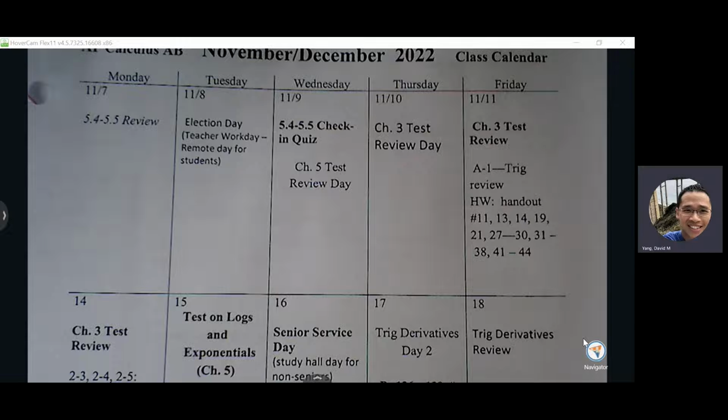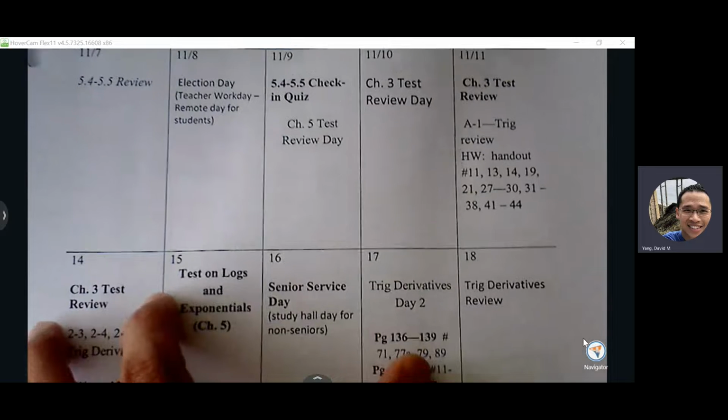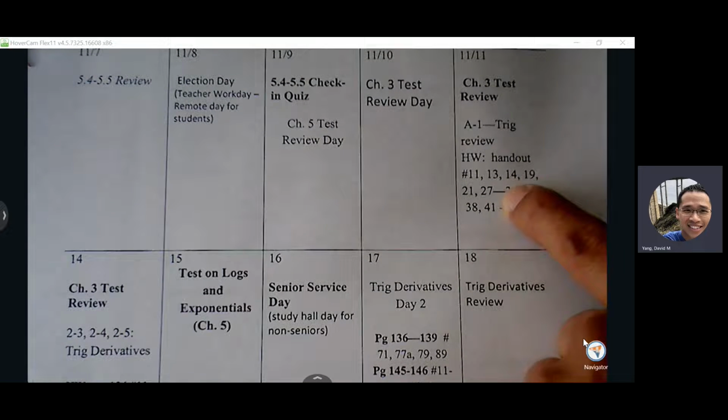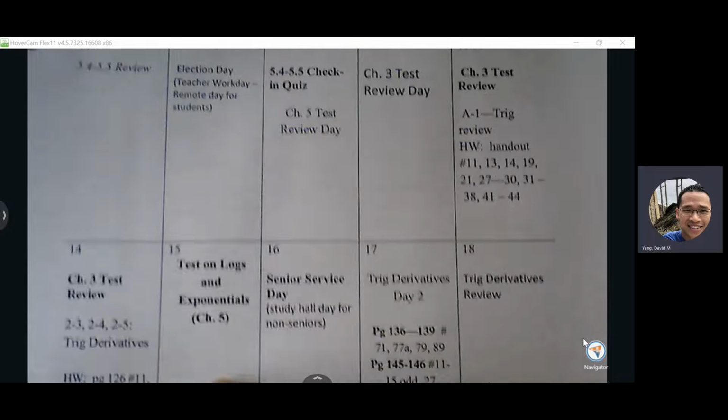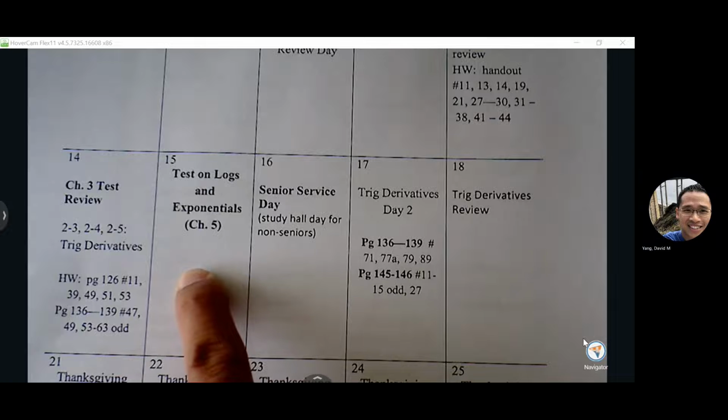I don't want to lose any instruction days because we still have to get through all the trig unit. So we'll intro with trig, but then use the second half of the class to do test review. We do trig derivatives on Monday, but also use part of Monday to do test review. And your test will be on Tuesday.